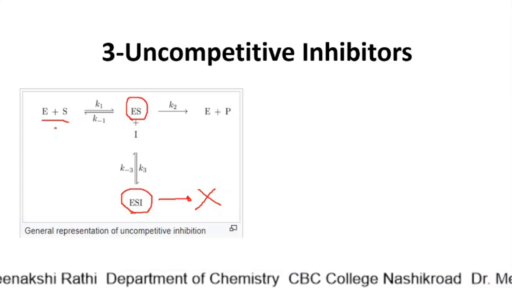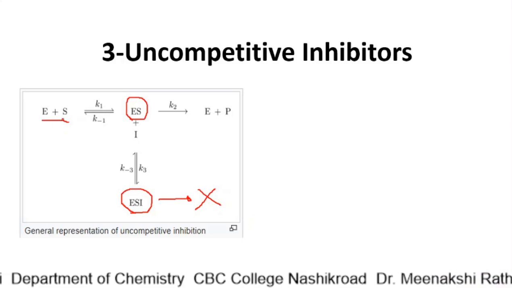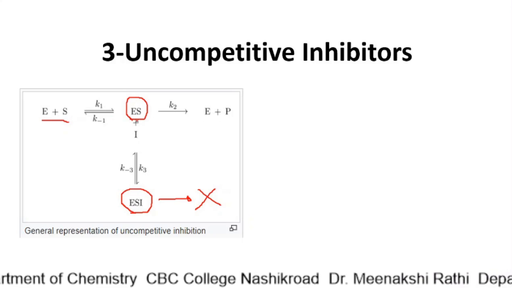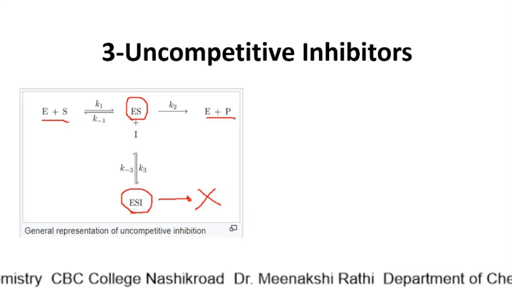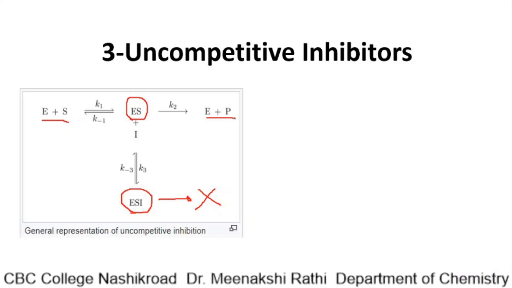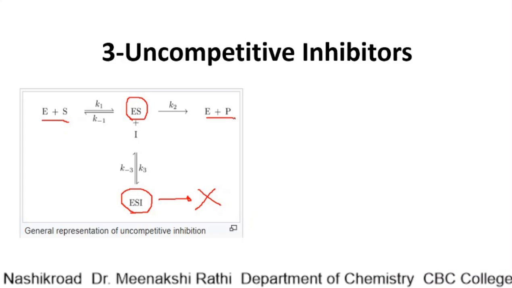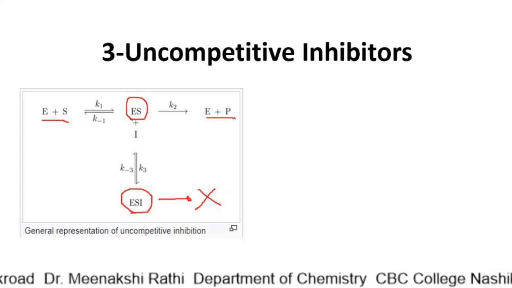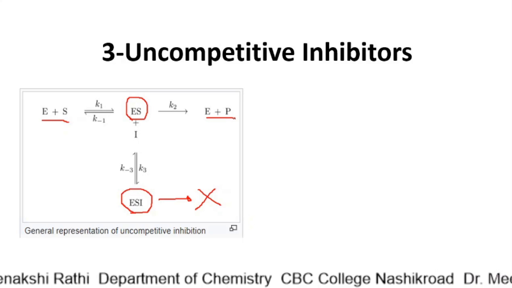So, if this reaction is normal, then what? Enzyme plus substrate gives enzyme substrate complex, which results in enzyme and product. We know these reactions for enzyme catalysis. But when there is an uncompetitive inhibitor, it doesn't compete with the substrate by any means.